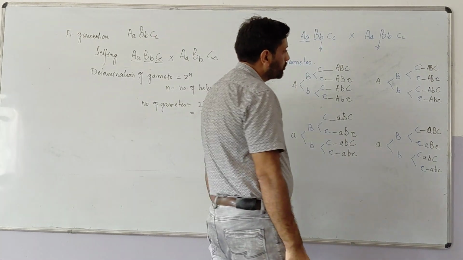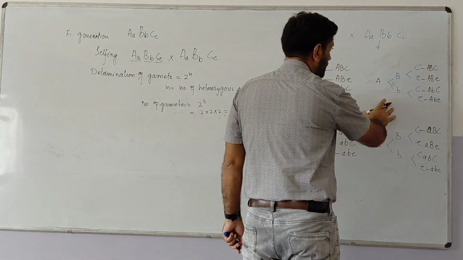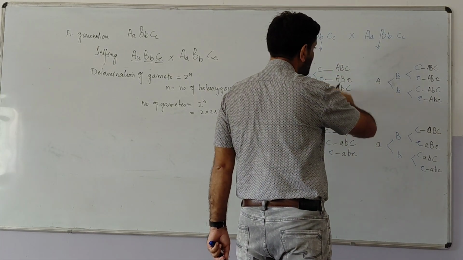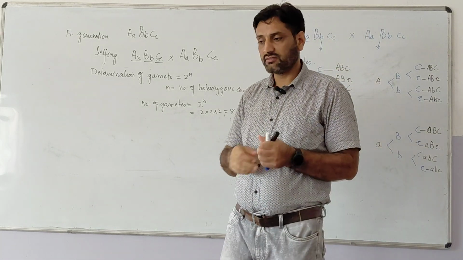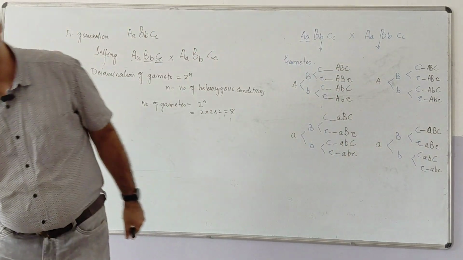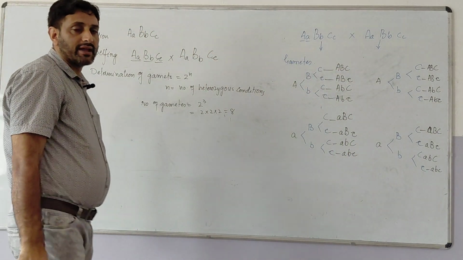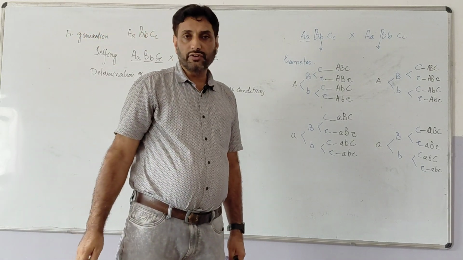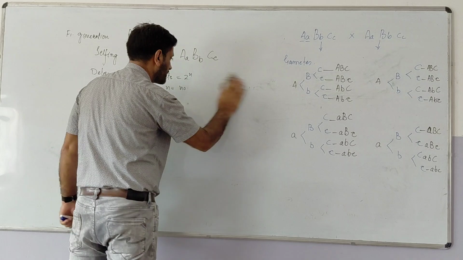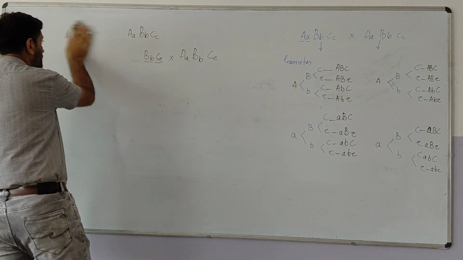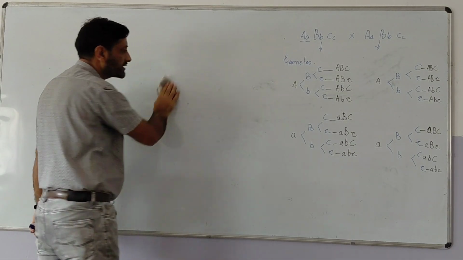Now in order to cross these gametes, we need the help of Punnett square. A Punnett square is the square in which we can determine the different genotypes and different phenotypes. So let us take the help of Punnett square.